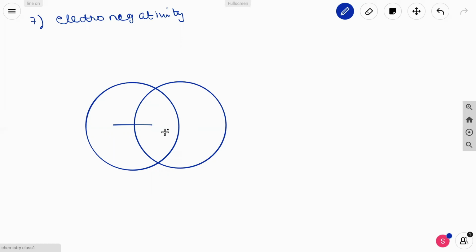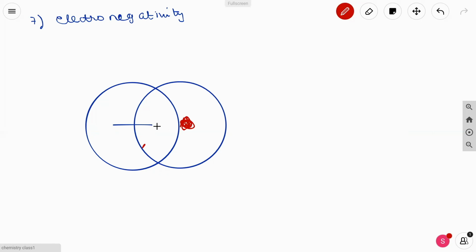Electronegativity is the ability of the nucleus to pull the bonded pair of electrons. Remember, it's bonded. In electron affinity, it was not a bonded pair, it was basically the energy given out. Electronegativity is not the energy given out, it's a tendency to attract the bonded pair towards itself.